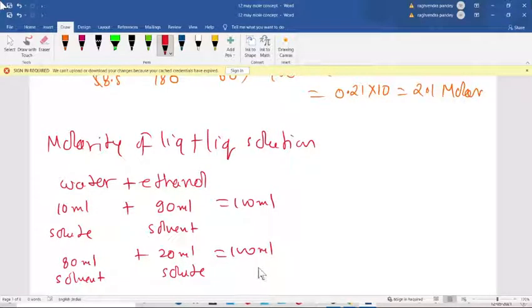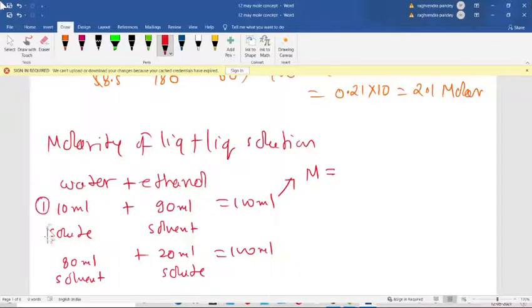Now if these are the two situations, and you have to find the molarity of this solution, for molarity you have to find the moles. Always find the moles of solute, whichever is less is solute. So you have to find the moles of solute, that is water in the first case.